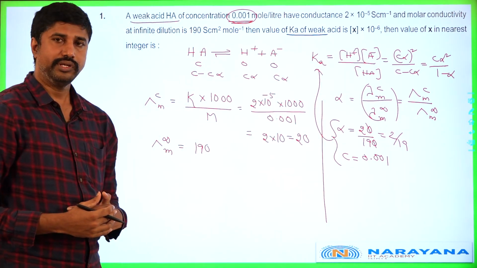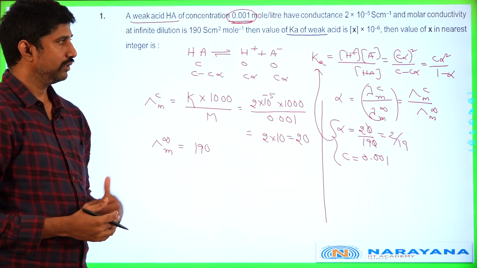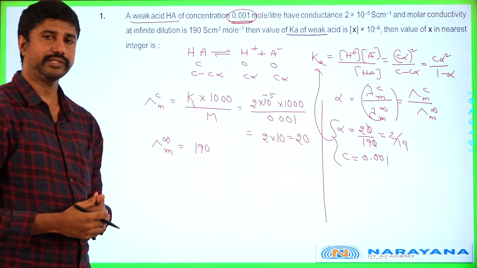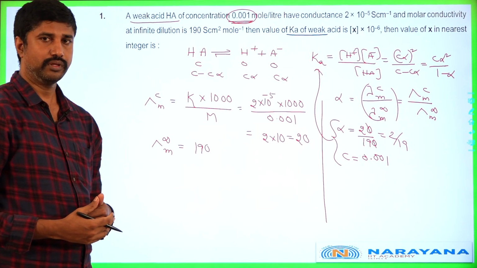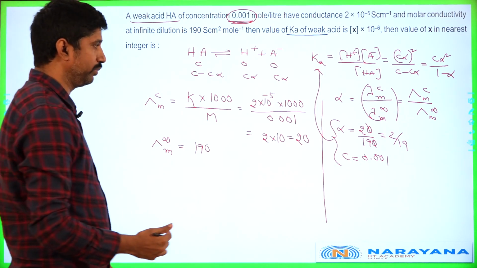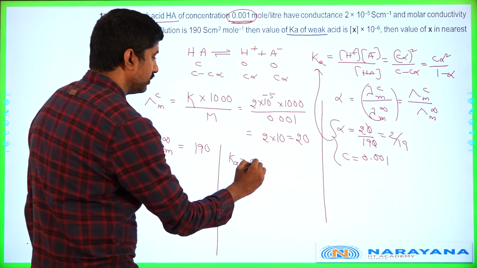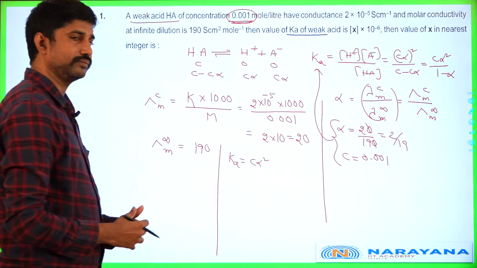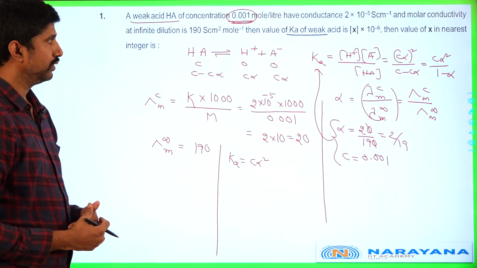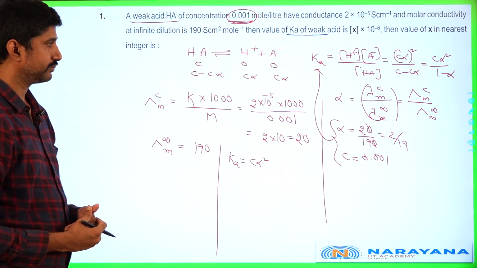As alpha is 2 by 19, we can approximate 1 minus alpha to be 1, so that Ka is equal to C alpha square.